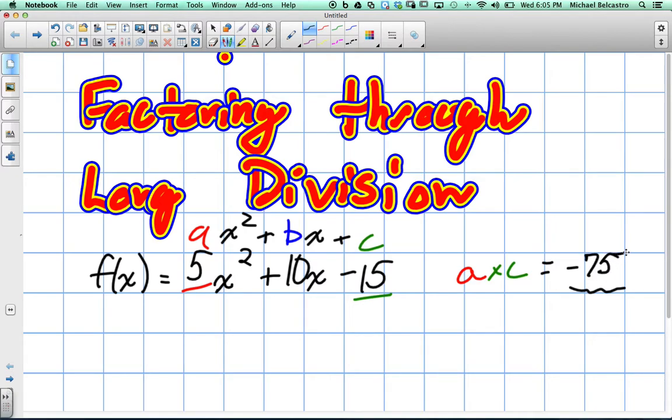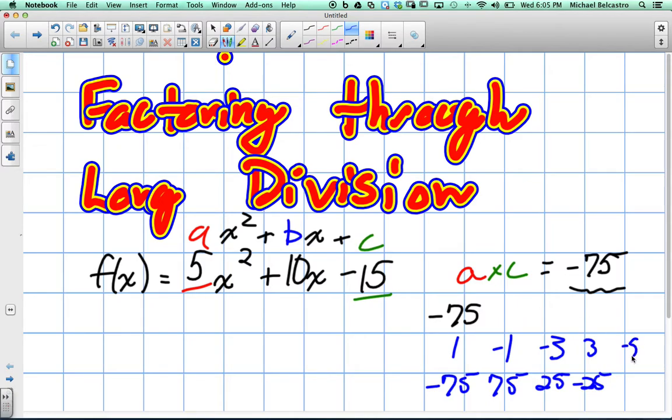Negative 75. So we have to look through a bunch of factors, and there's a ton of factors of negative 75. We can write them all out. Technically, we can go 1 and negative 75, or vice versa, negative 1 and 75. There's a pairing. 2 won't go in, 3 goes in, and we can go negative 3 times 25, or 3 times negative 25. 4 does not go in, 5 goes in.